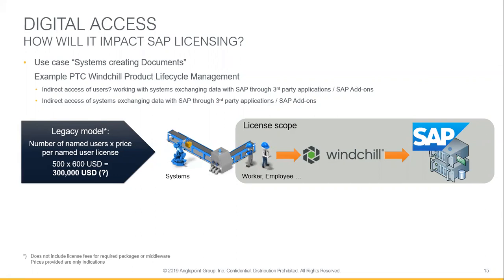In other scenarios where we're just talking about some blue-collar worker standing on the production line and doing the things he has to do, SAP was expecting that you definitely would license that worker, or maybe the manager of that particular blue-collar worker could have received an employee license, just to have the right license to interact with information managed in SAP using an application like Windchill.